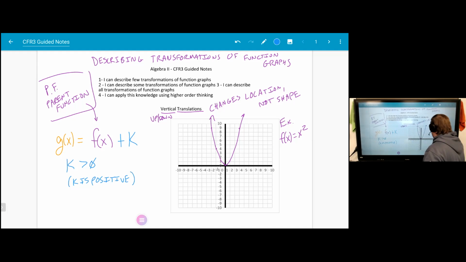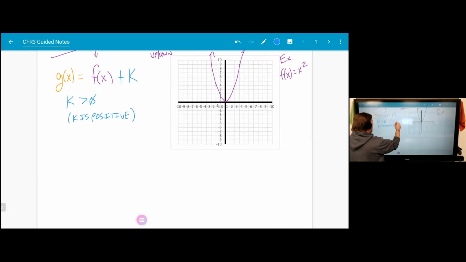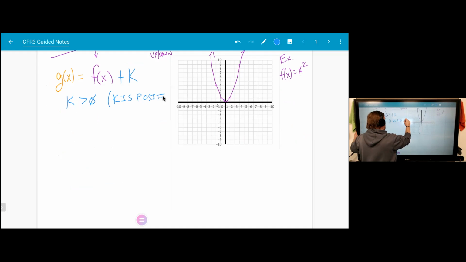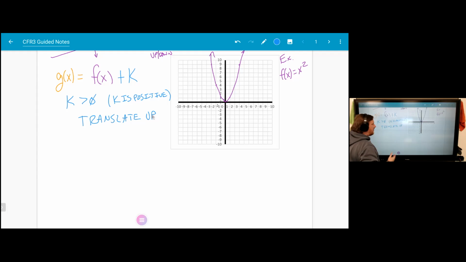So if k is positive, we translate up. And so what does that look like?